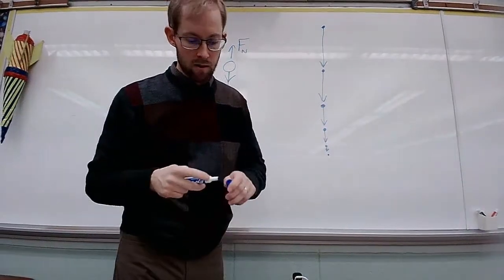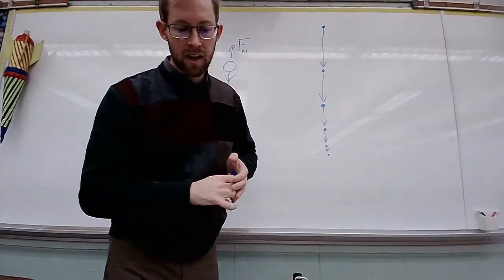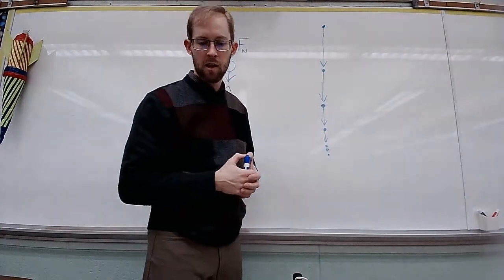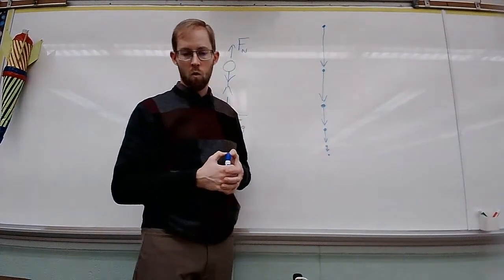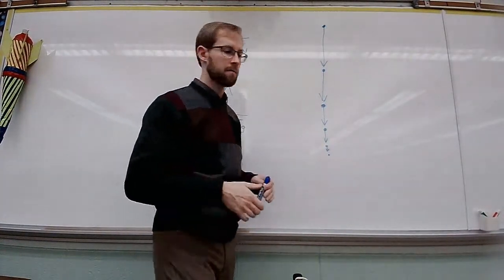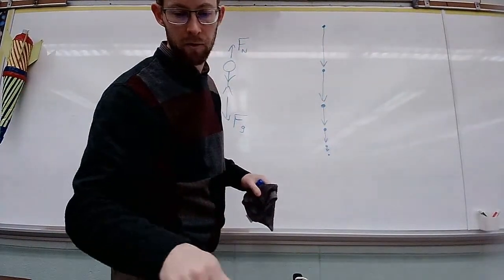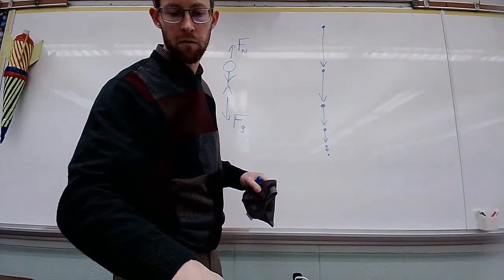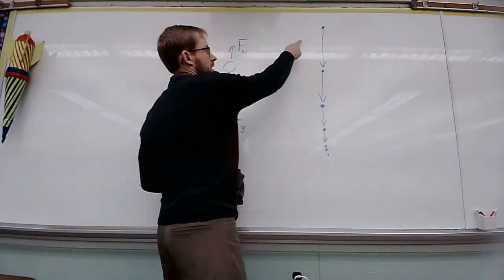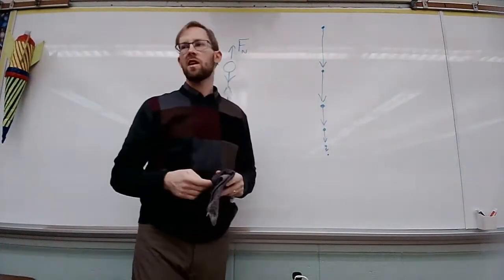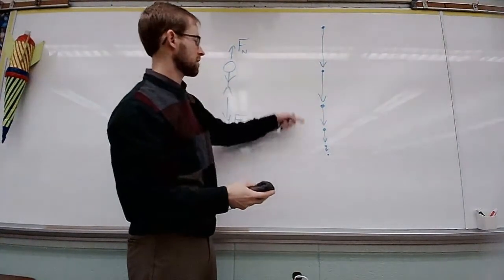Letter B, construct quantitative force diagrams for the person in the elevator while it descends. And I suppose for the motion map too, it says he has a constant velocity for a while, so your first couple arrows would actually be the same length. But yeah, then they get smaller.